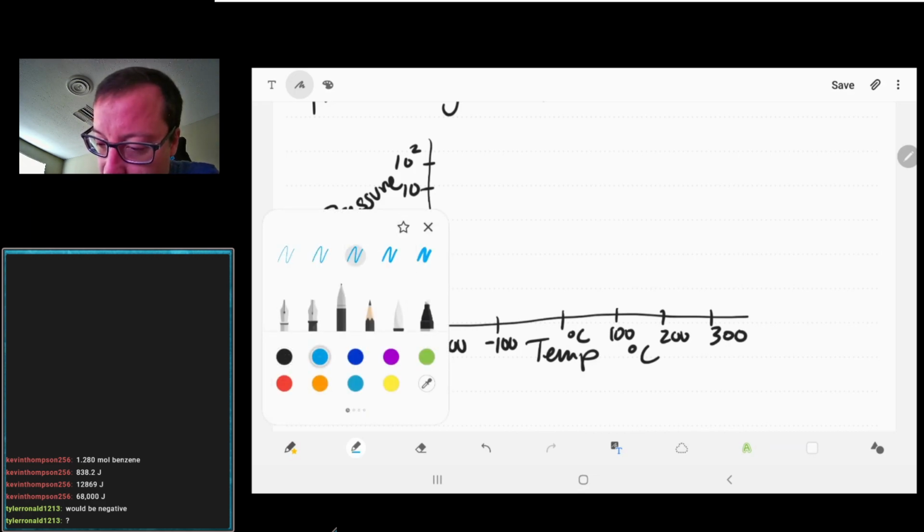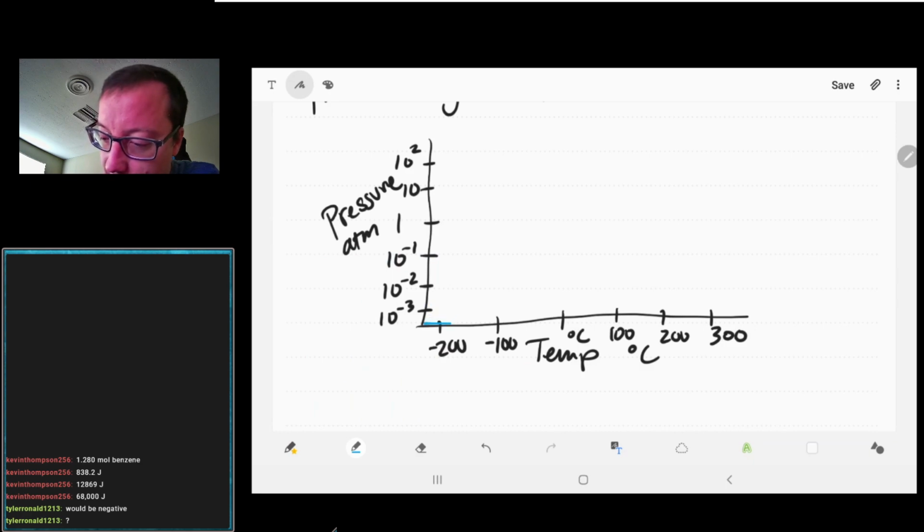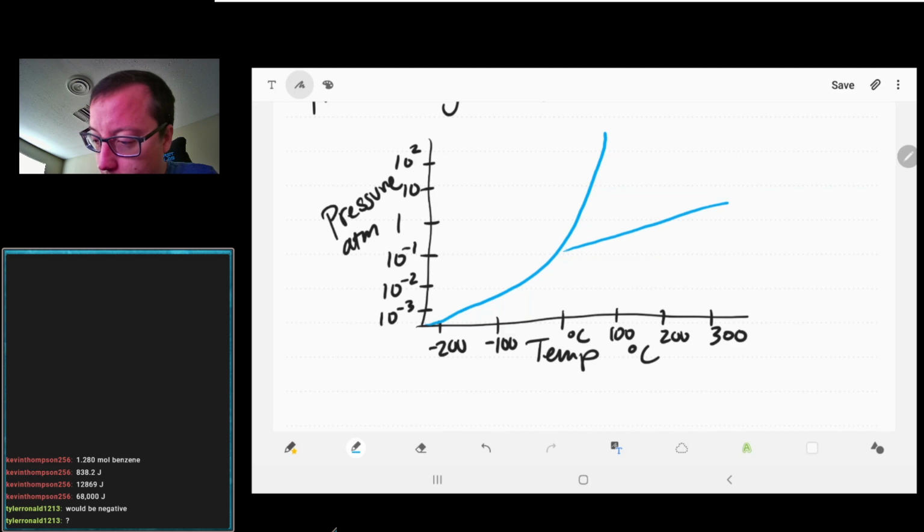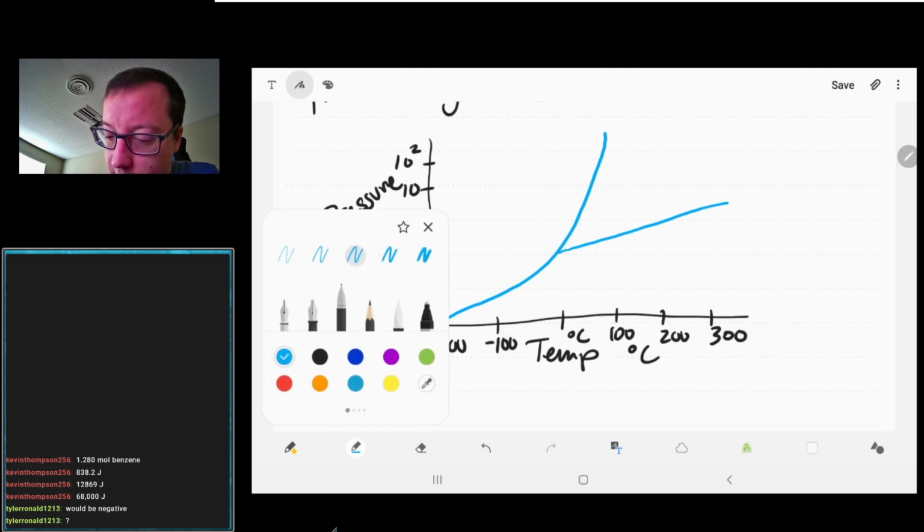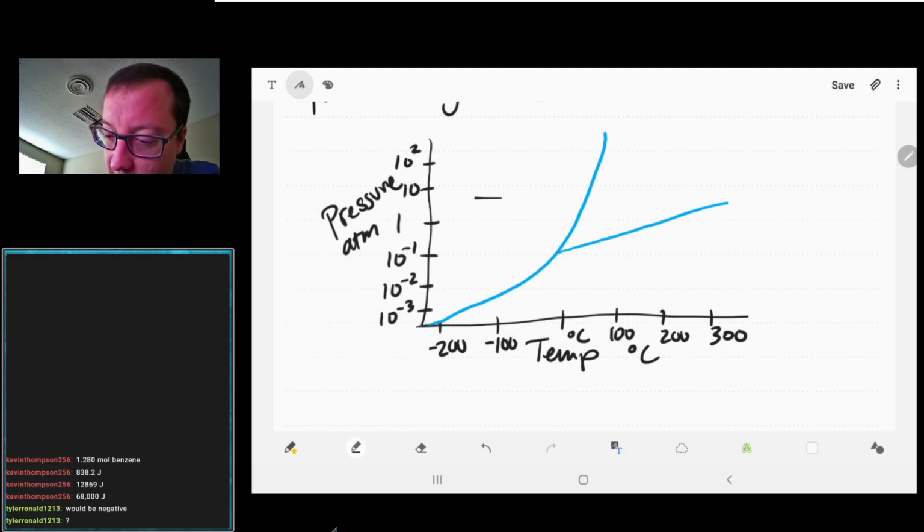So what you'll see is that often you'll have something that kind of looks like this. Maybe this is too broad of one there. Let's go a little bit more like this. Yeah, that's better. And so you'll see that you are going to be a solid here. You're going to be a liquid here.